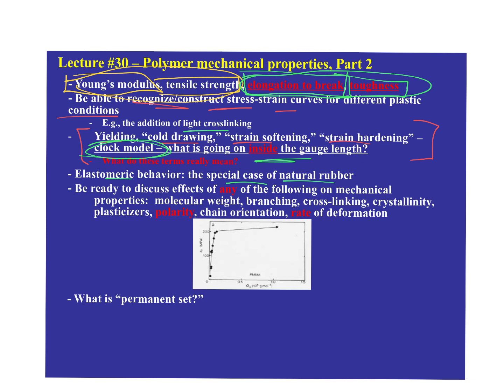And then make sure you're ready to discuss the effects of any of the following on mechanical properties: molecular weight, branching, cross-linking, crystallinity, plasticizers, polarity. I think some of us are still fuzzy on that one. Chain orientation and rate of deformation.